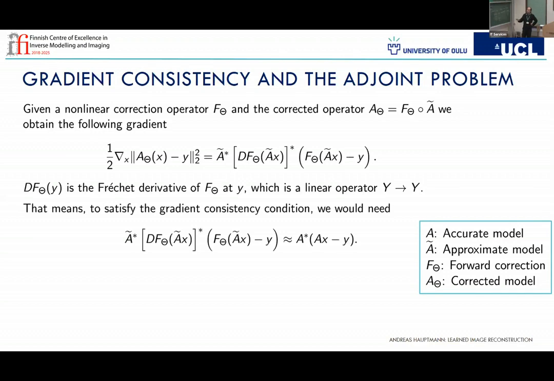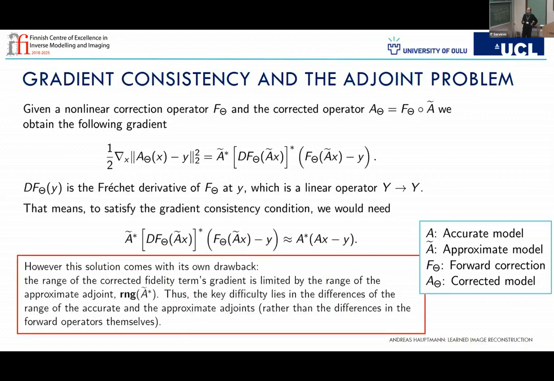Of course we want these to be equal, but the main drawback is that the mapping properties of this whole thing are limited by the range of the adjoint of the approximate model. If the range of this adjoint is too different from that of the accurate model, then we cannot achieve that these are equal for many samples. So the key difficulty is not just in correcting the forward model, but also in being able to use it in an iterative scheme, which means here the consistency of the adjoints.